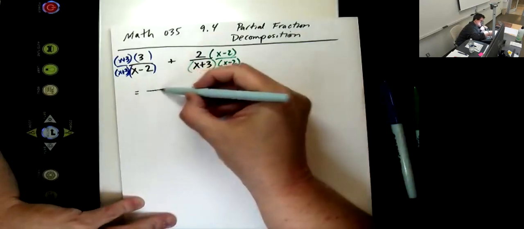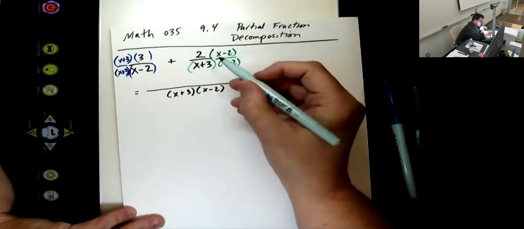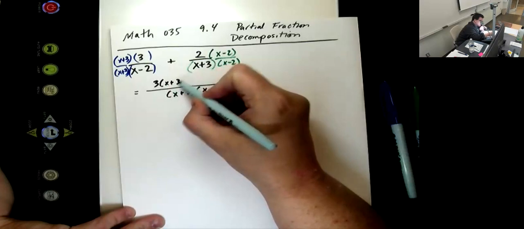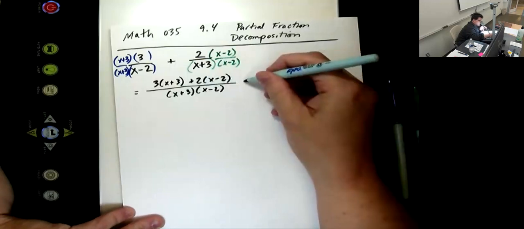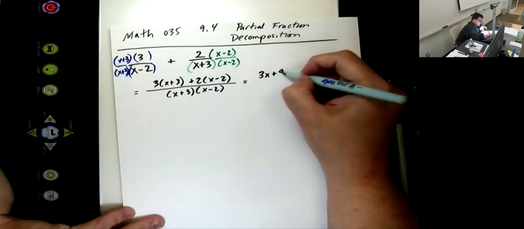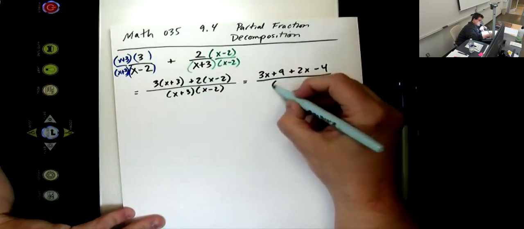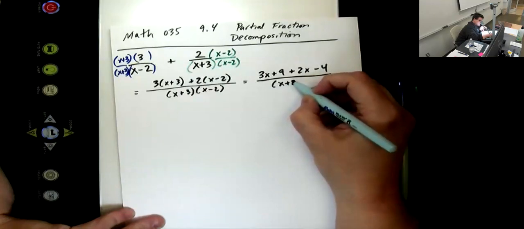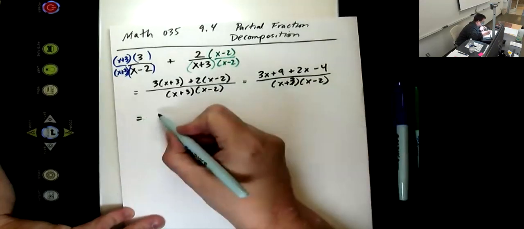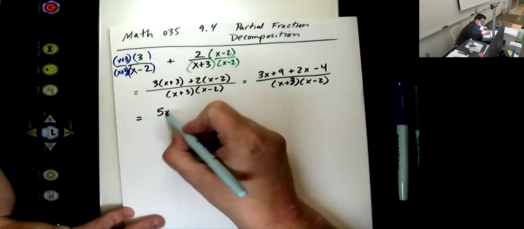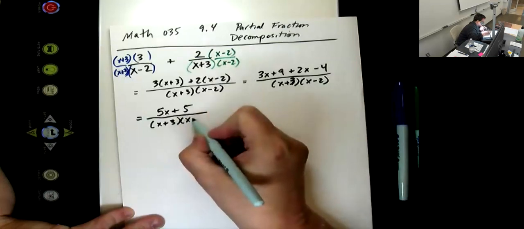So we'll end up with one denominator, x plus 3 times x minus 2, and I've got 3 times x plus 3 plus 2 times x minus 2. If I multiply that top out, I get 3x plus 9 and then 2x minus 4. Then I have 5x plus 5 after I combine the terms on the numerator over x plus 3, x minus 2.